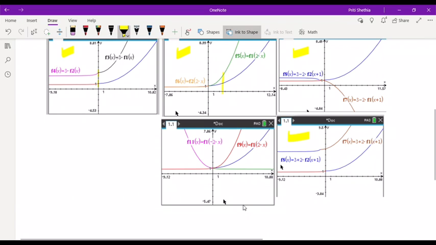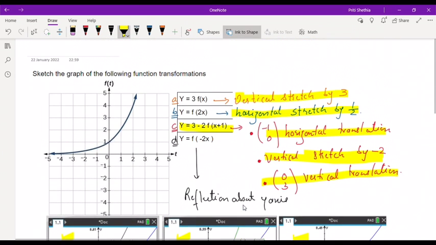This is a vertical stretch of +2 over here and this is a vertical stretch of -2. But because it was a minus sign, the graph is reversed. It is going towards the negative y-axis, whereas when it was a stretch of +2, it was going towards the positive y-axis.